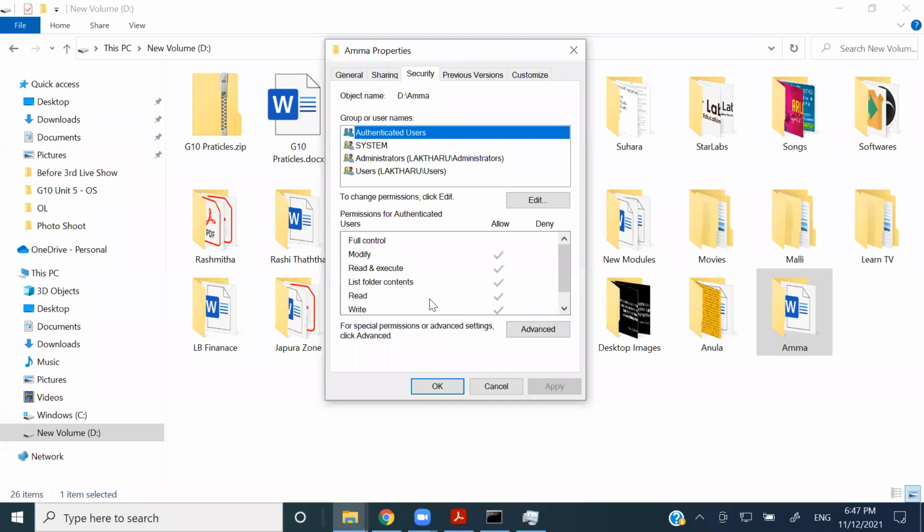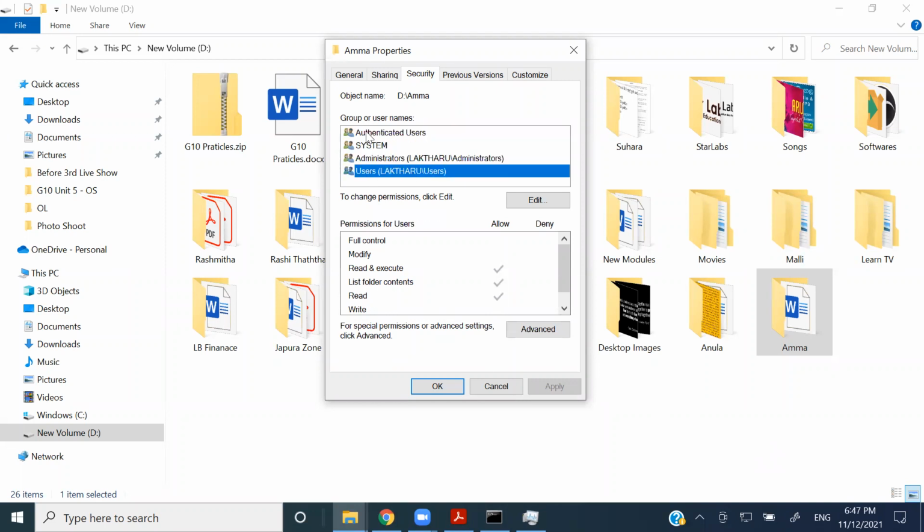Right. Okay, so we were talking about the access privileges. You can see there are several different users over here. As you can see, the user over here has limited authorizations: read and execute, list folder contents, read only. And the administrator has full power, right?